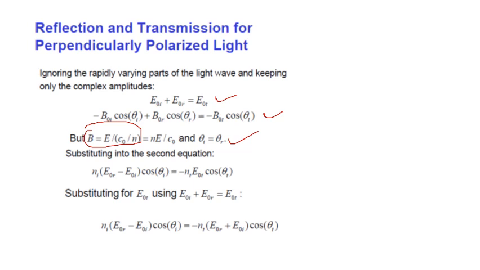If we use these values here, then these cos theta will be the same and can be taken out, and we will be left with n(E0r minus E0i) is equal to n E0t cos theta t. If we also substitute E0t equal to E0i plus E0r, we will get this result.